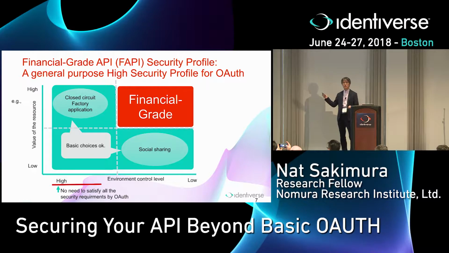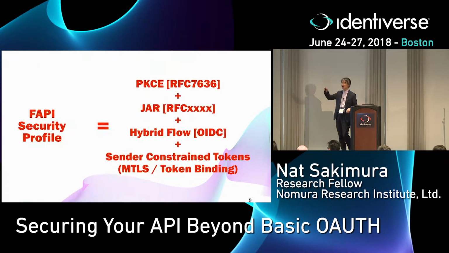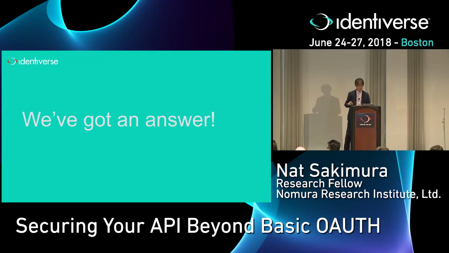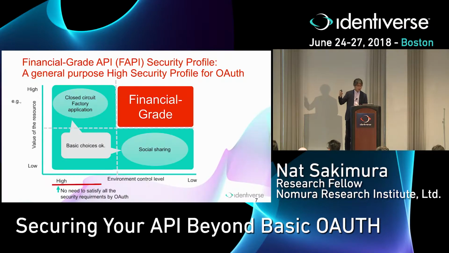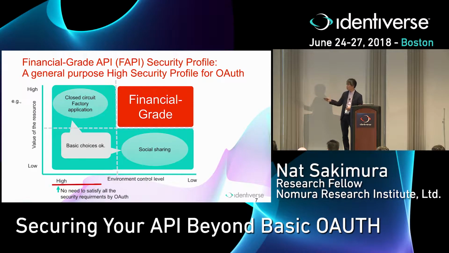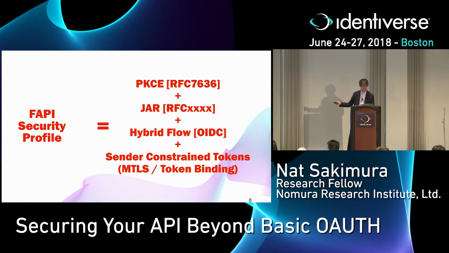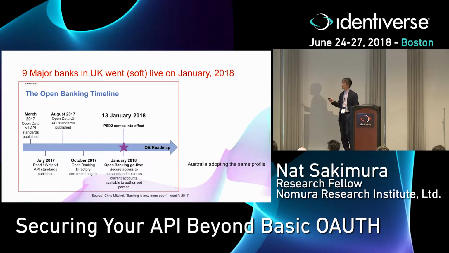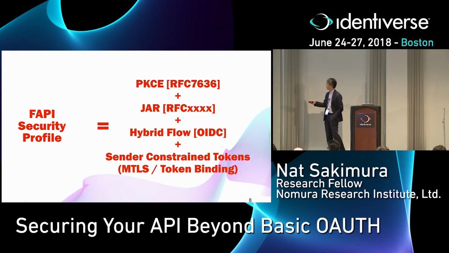It tries to take care of the upper right, the orange space, the high security, high value transactions with low environmental control. And the FAPI security profile is made up of a bunch of OAuth-related specifications.